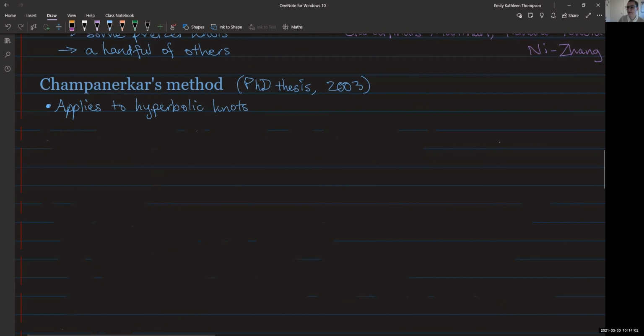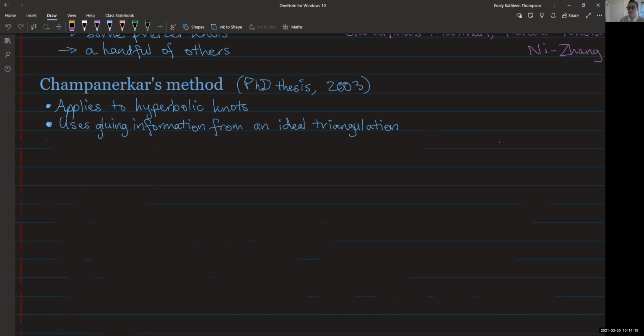He was looking at hyperbolic knots and considering their gluing variety. If you have a hyperbolic knot, you can take an ideal triangulation of it, and then you get all this gluing information about how those tetrahedra glue together.